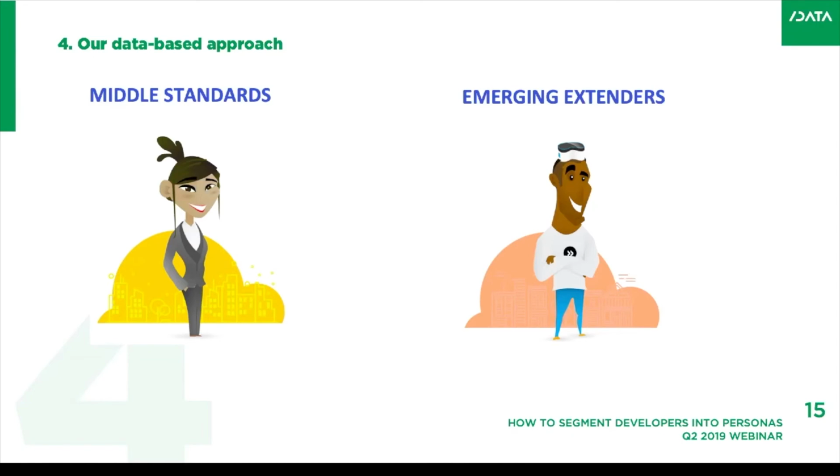Then we have another group that is in parallel to this one. It's not further up. It's not another stage of evolution. So these are the emerging extenders. Emerging extenders are really interesting in my mind. They have a background in one of the mature sectors, mobile, desktop, web. And they are involved in at least one emerging area.